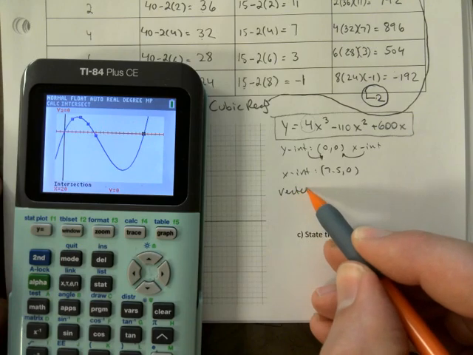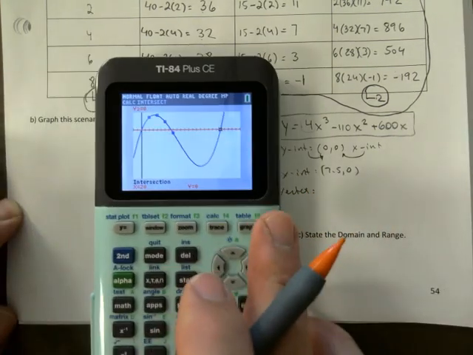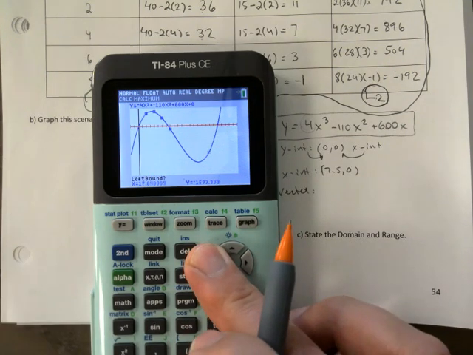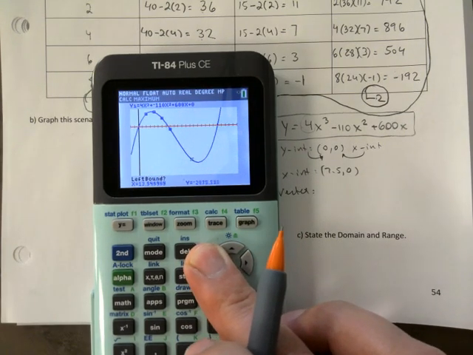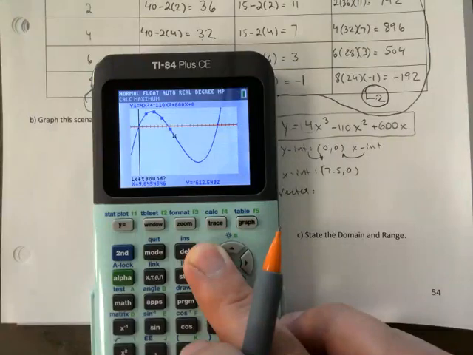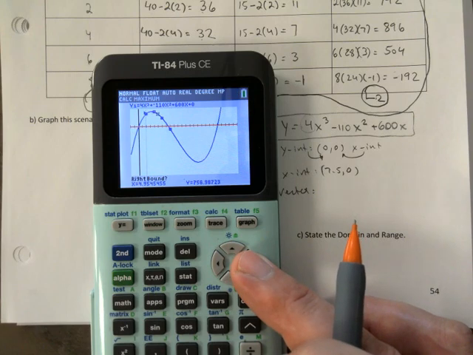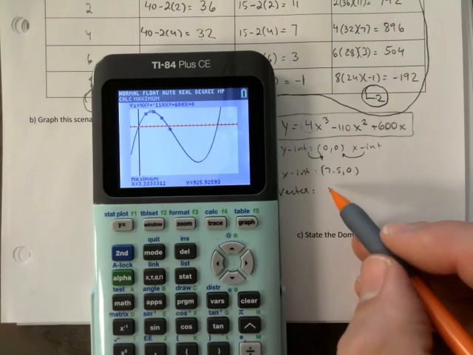So the vertex, second trace max. There it is.